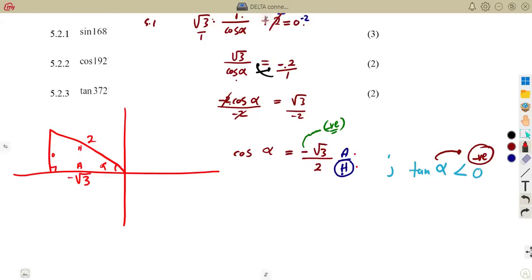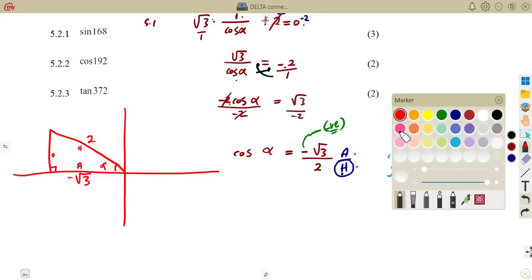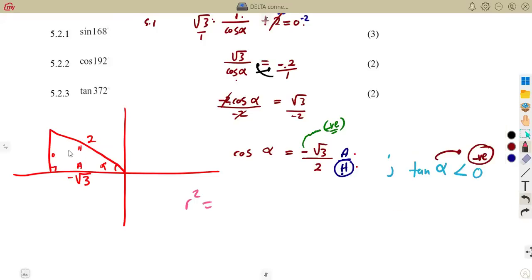From where? That is where we now apply your Pythagoras theorem. Remember, guys, r squared, our hypotenuse, which is the length of the radius, is equal to x squared plus y squared from Pythagoras. What is the hypotenuse? It's 2.